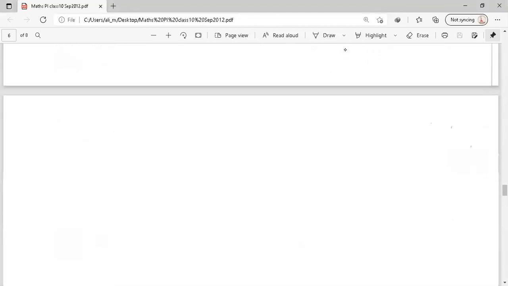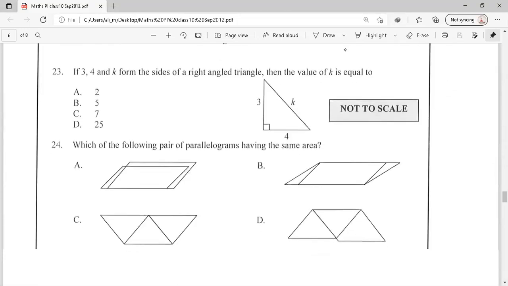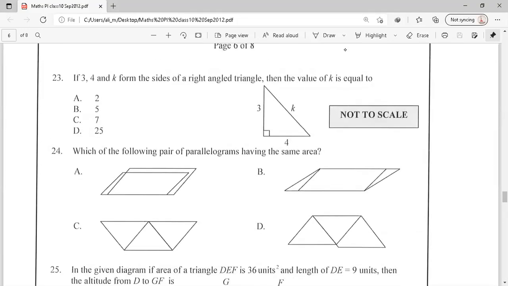Then let's come to our question number 23 and 24. If 3, 4 and k form the sides of the right angle triangle, we have to find the value of k. So according to this right angle triangle, Pythagoras theorem should be applicable.